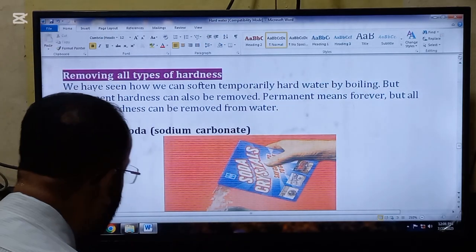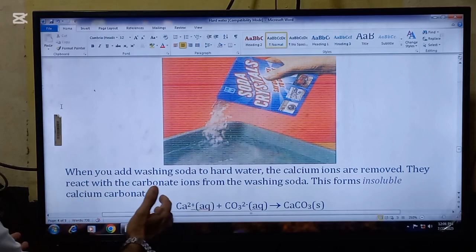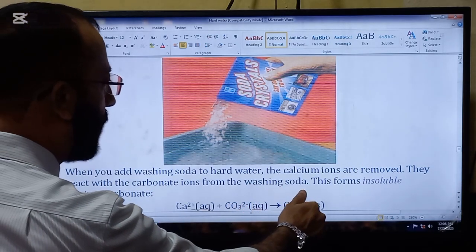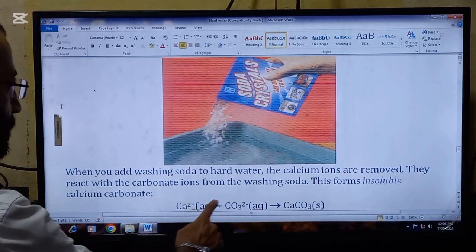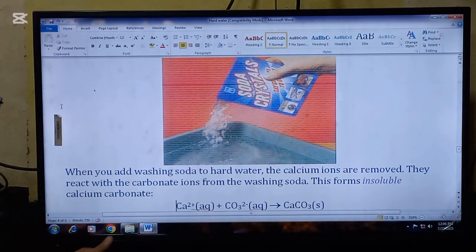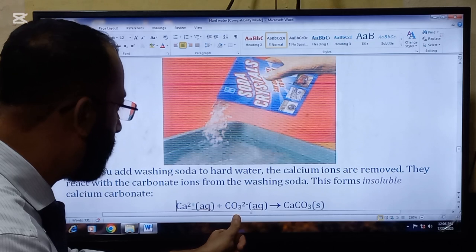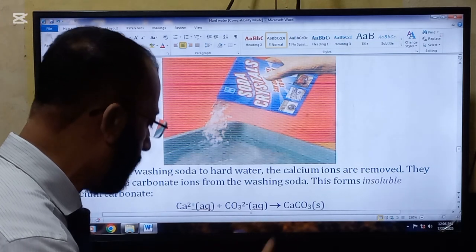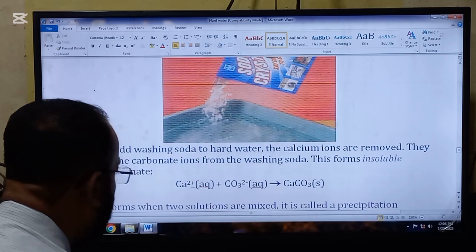When you add washing soda to hot water, the calcium ions are removed. These react with the carbonate ions from the washing soda. This forms insoluble calcium carbonate. So the calcium ions present in the hot water react with the carbonate ions, making calcium carbonate, which is insoluble in the water.